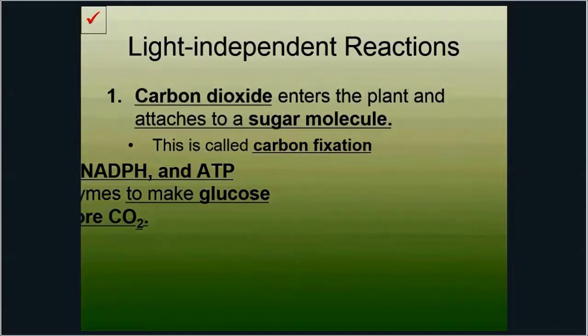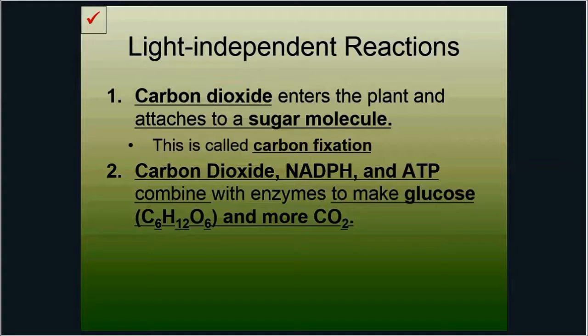So what happens here is that carbon dioxide enters into the plant and attaches to a sugar molecule. It's called carbon fixation. Carbon dioxide, NADPH, and ATP combine with enzymes to make glucose, which is your sugar, C6H12O6, and more carbon dioxide.